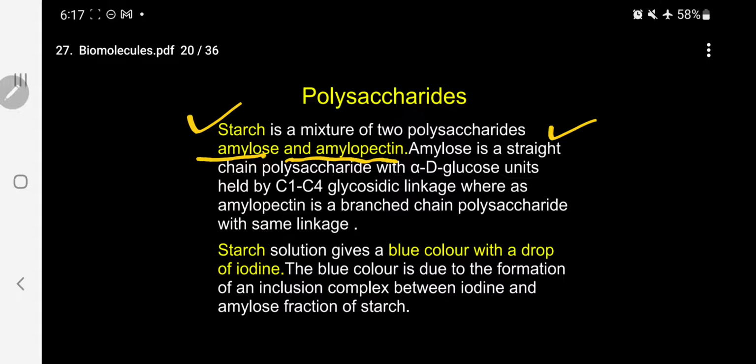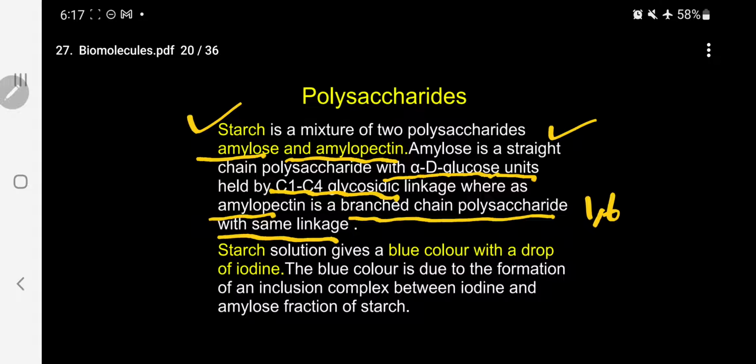Amylose is a straight chain polysaccharide, alpha D glucose units held by 1,4 linkage, whereas amylopectin is a branched chain polysaccharide with the same 1,4 linkage. Please follow. In amylopectin, there is additionally 1,6 linkage also. So the main difference is, amylose is a linear structure, whereas amylopectin is a branched structure.